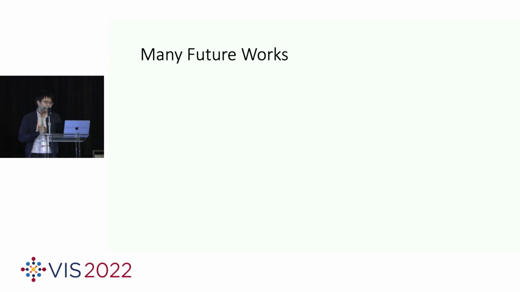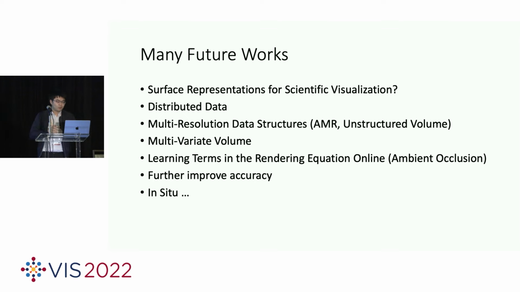So we believe this direction is still in an early stage, and there are many interesting topics that we haven't explored yet. For example, instead of building a volumetric representation, we can look at surface representation, and there are already existing works, things such as DeepSDF, might be suitable for scientific visualization.